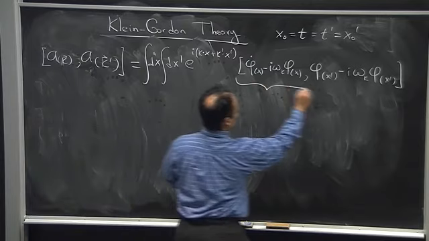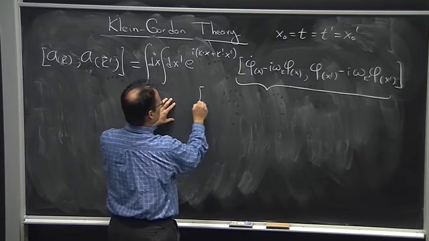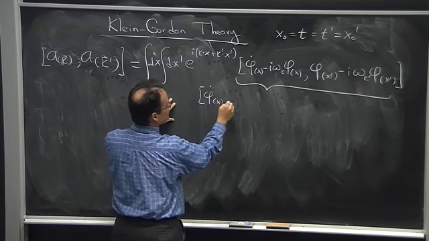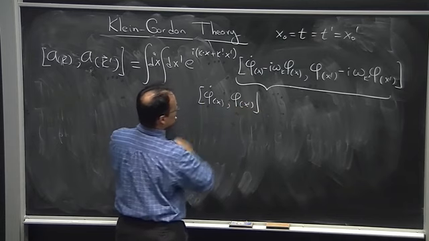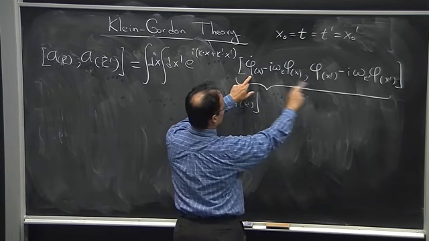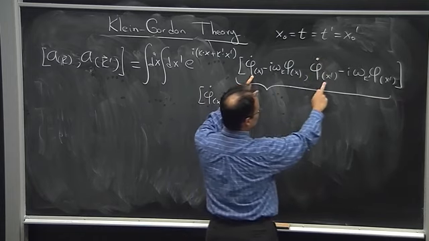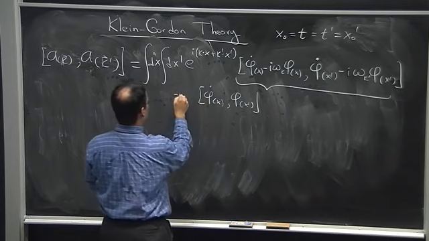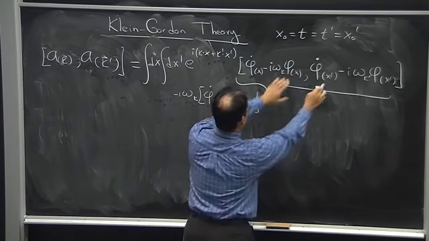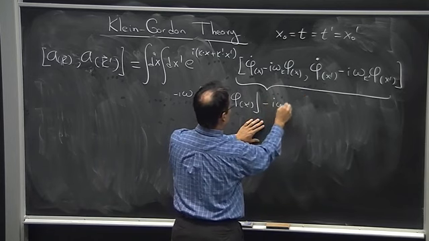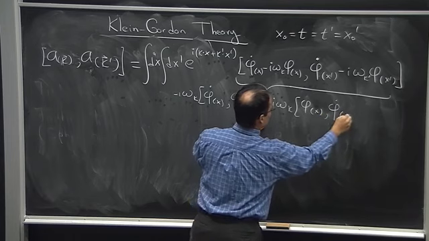So what do we get? From here, we get phi dot of x with phi of x prime. This is a dot, so these two commute, and this one will give me a minus i omega_k. And then this with this will be minus i omega_k phi of x with phi dot of x prime.